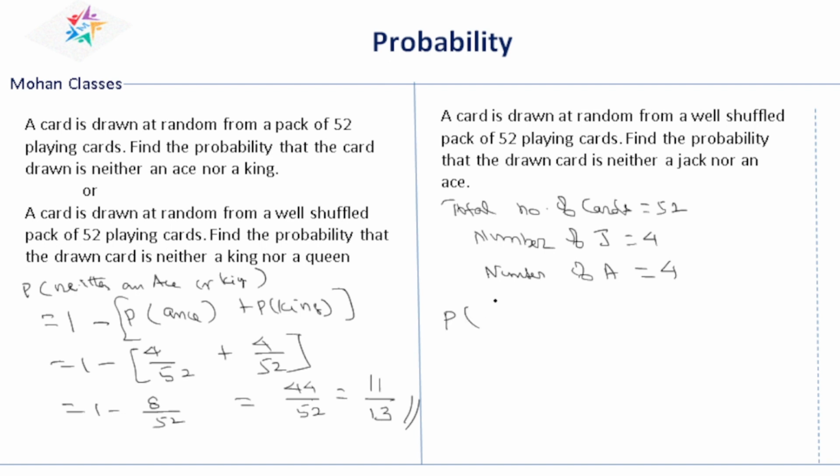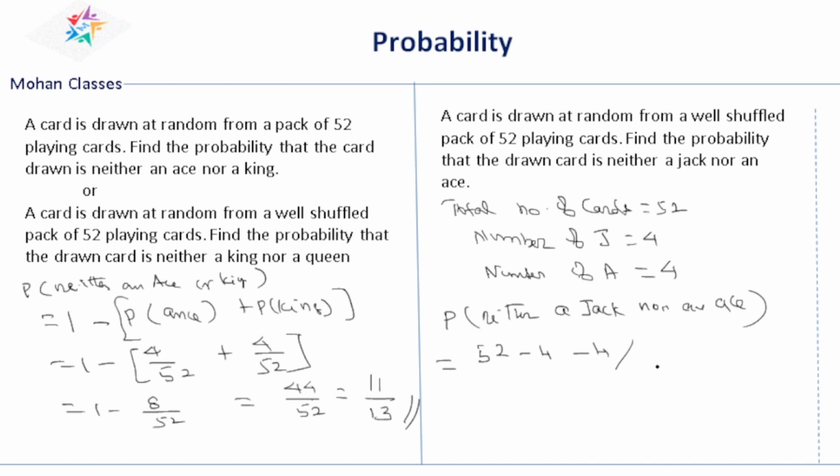Now, call neither a jack nor an ace. P of neither a jack nor an ace. Here also not we have to find out, right? So that is equal to what it will get? 52 minus 4 minus 4, right?